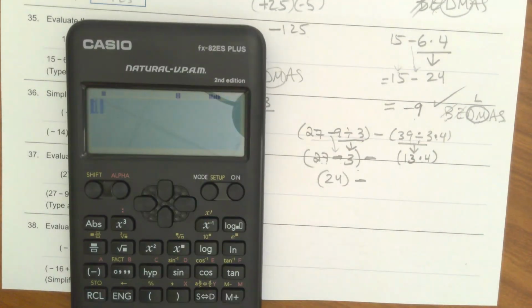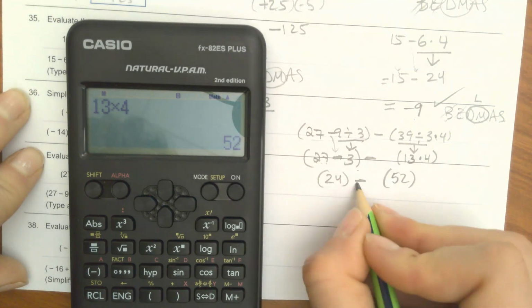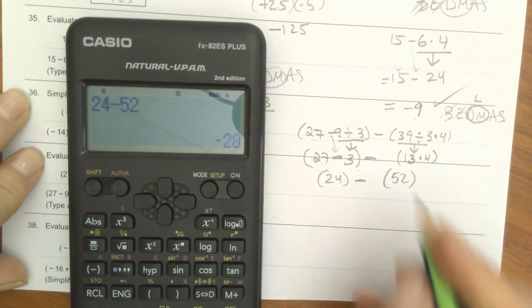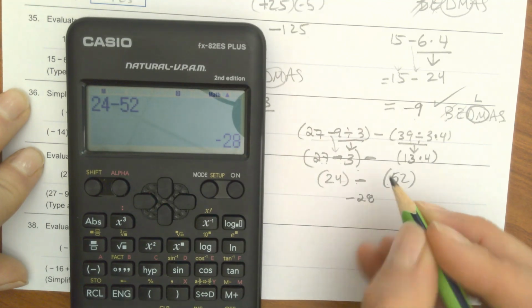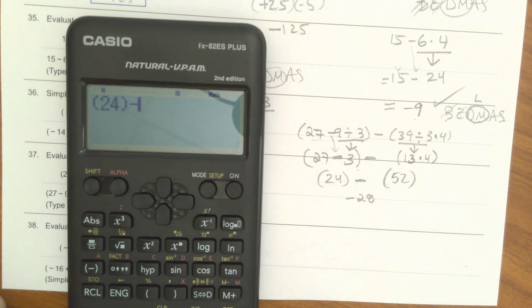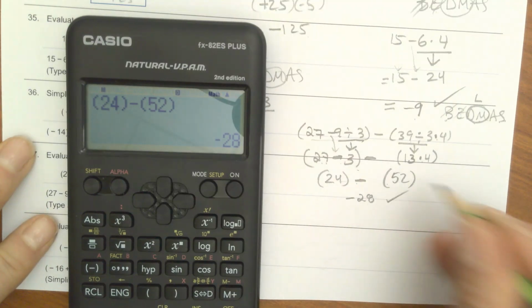Let's check. 52. Now I have 24 minus 52. There, minus 28. If you want to put it in with your brackets, do that. 24 minus 52. Oops. Keep your brackets. You can always write what you see, just to be careful. Okay.